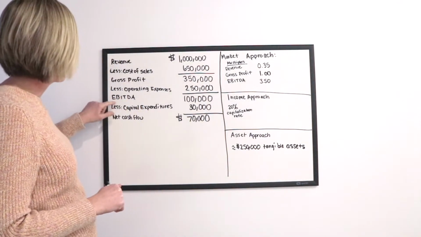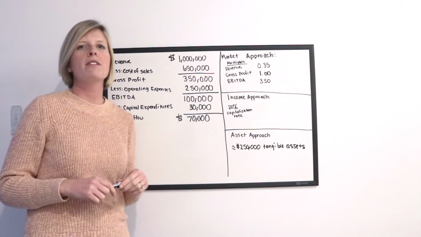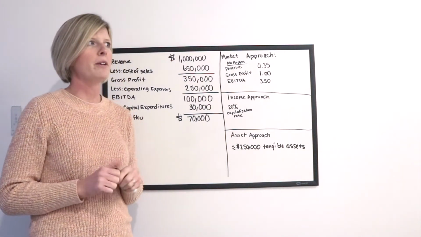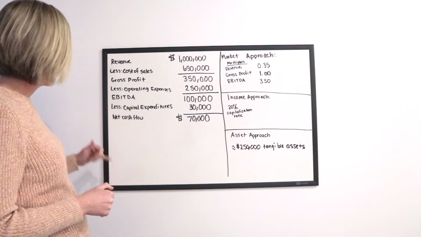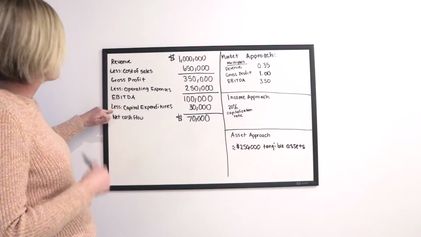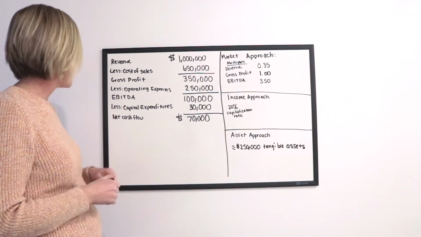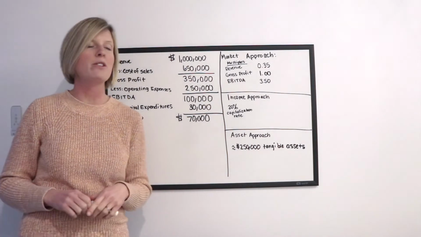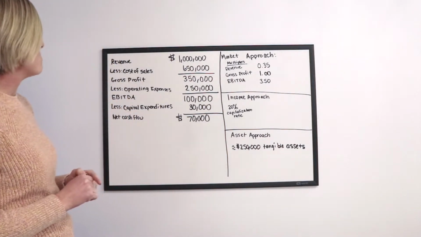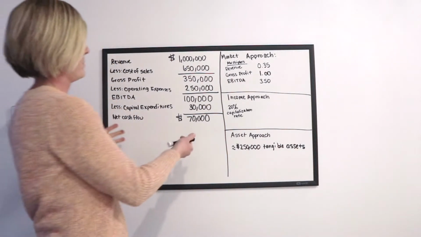That's going to be a key performance measurement for valuation, so you'll see that referenced a lot. Then I'm just going to take out expected capital expenditures, and that's going to get us to an estimated net cash flow number. Okay, so super simple, but we have this example company here.